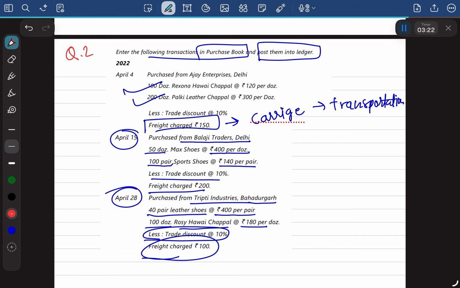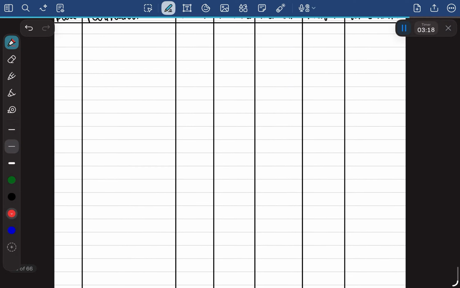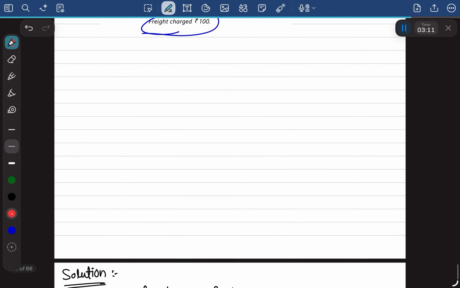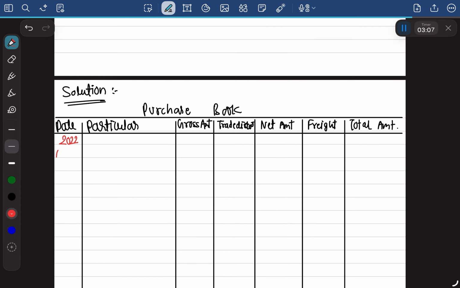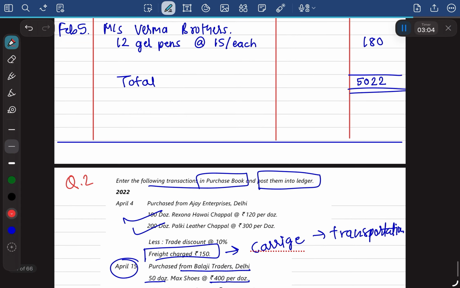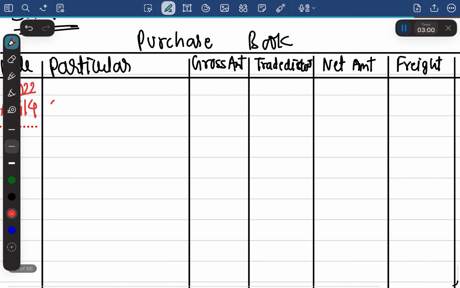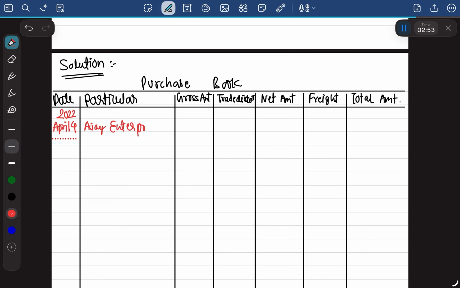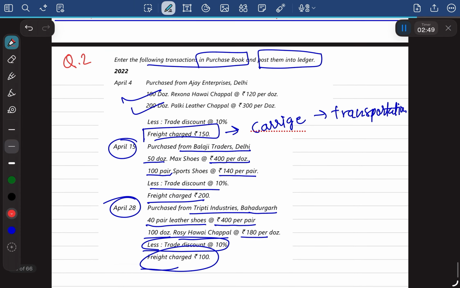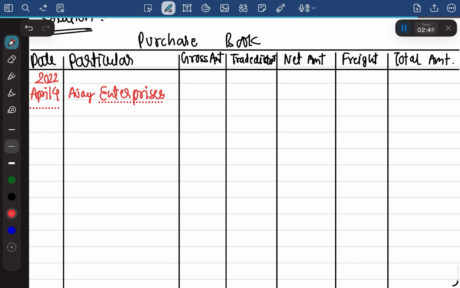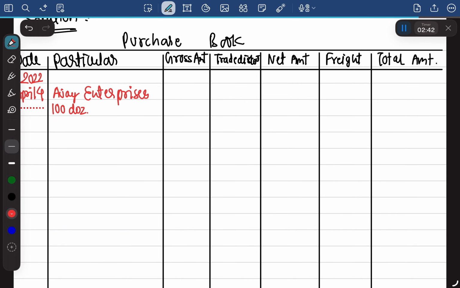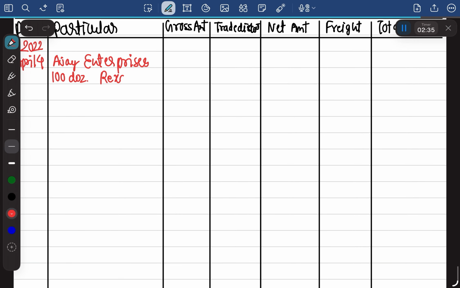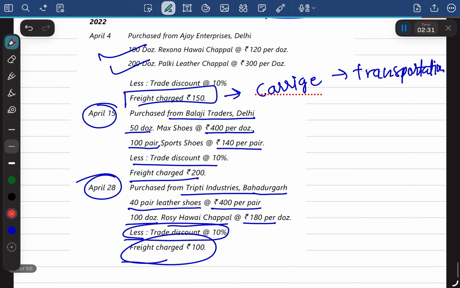So first, solve this. Purchased from Ajay Enterprises, Delhi, April 4, 2022. 100 dozen Rexona at the rate of 120 per dozen.